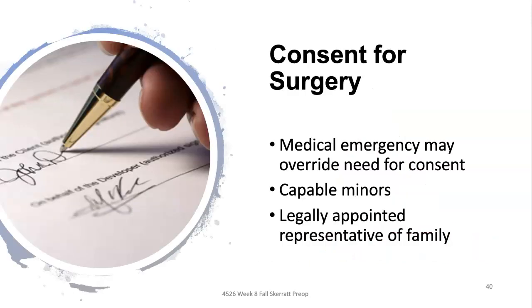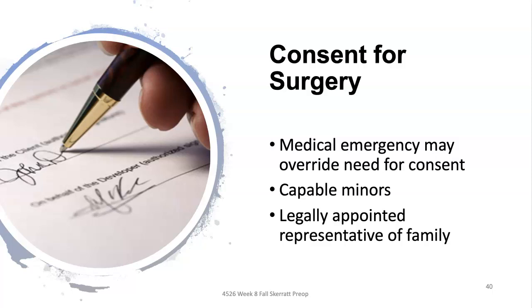A true medical emergency may override the need to obtain consent. A capable minor is a child or adolescent with an advanced level of understanding who is deemed by the physician obtaining the consent to have the intelligence, education, and experience to give informed consent for a procedure.